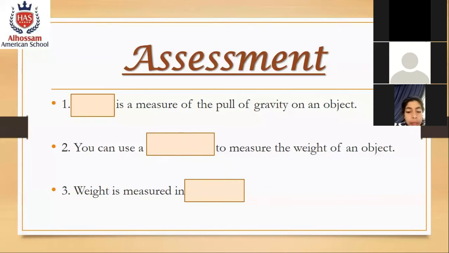Definition of what? Weight. Thank you so much, because we said that the weight is the one which depends on the gravity, right? Thank you so much, Saif. So the answer is weight.